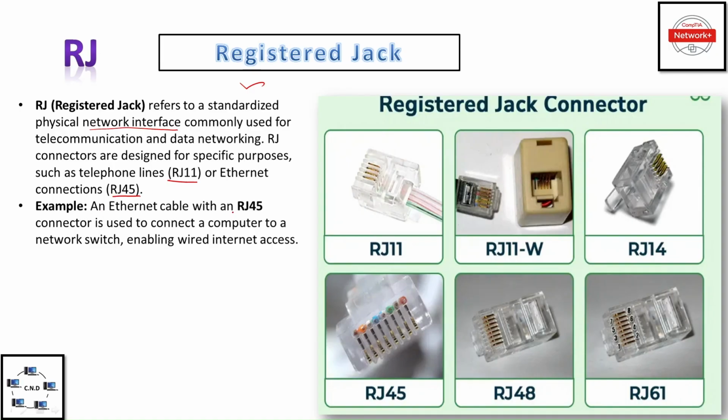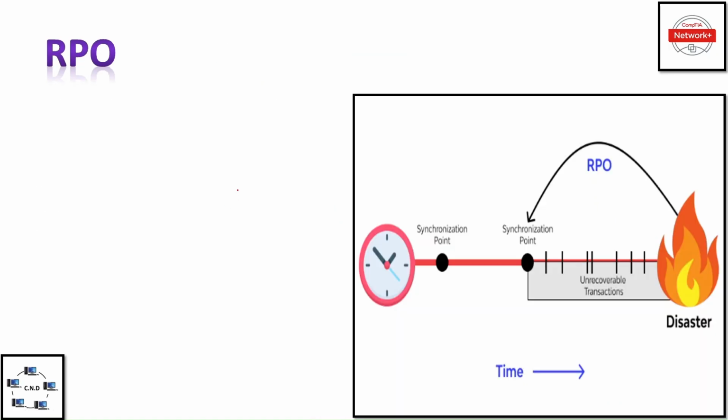For example, an Ethernet cable with an RJ45 connector is used to connect a computer to a network switch, enabling wired internet access. So these are different types of RJ, or registered jack, connectors. This is the RJ45 and this is the RJ11 that we were talking about.